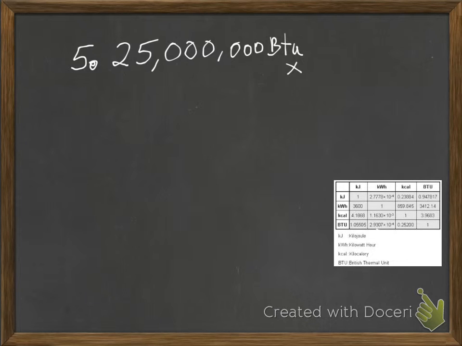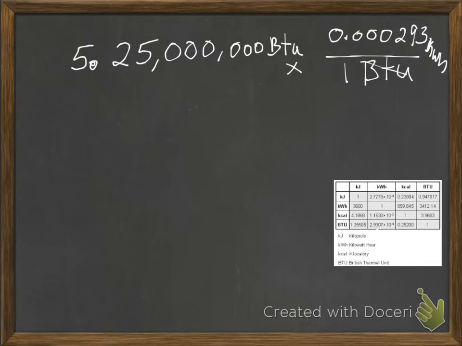So it's times 0.000293 kilowatt hour divided by 1 BTU. BTUs are going to cross out because I'm cross multiplying, and my answer will be in kilowatt hours.